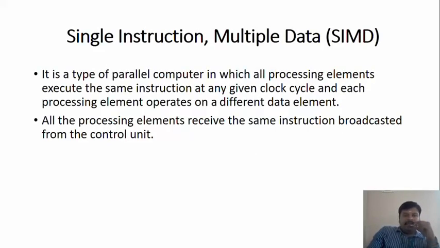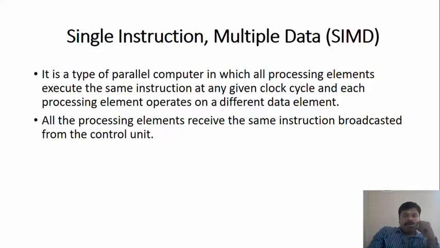Here we call it single instruction and multiple data. From the set of instructions, we have only a single instruction. From the set of data, the data pool, we have multiple data. It is not serial; it is a type of parallel computer in which all processing elements execute the same instruction at a given clock cycle, and each processing element operates on a different data element.